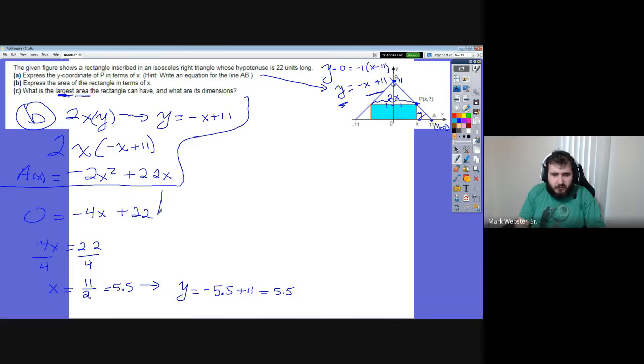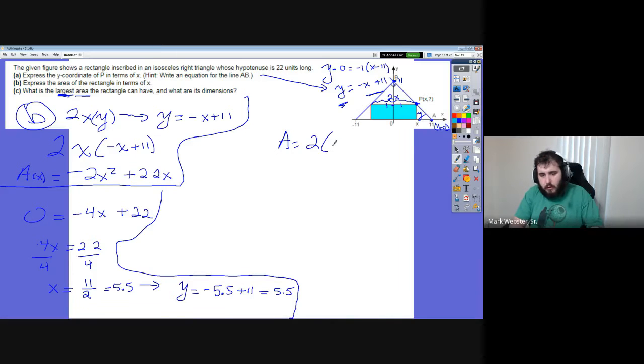I'm not going to say there's a pattern here sometimes, but there's totally a pattern here sometimes. So here we've got our x and our y. Let's go back up. Our area is 2xy. Well, what's x and what's y?